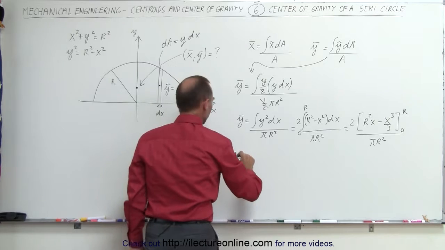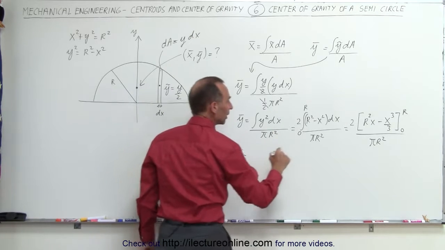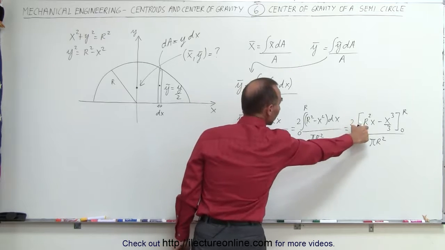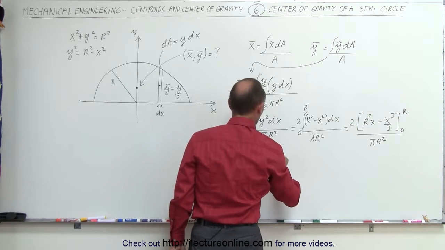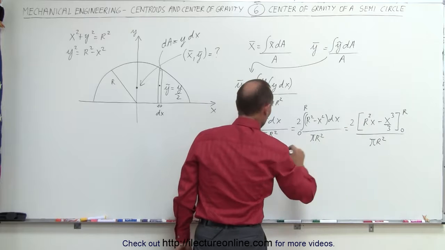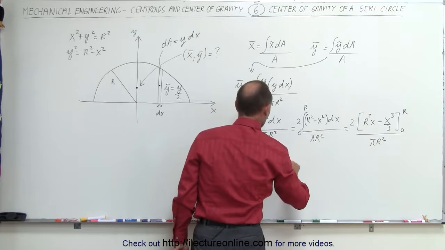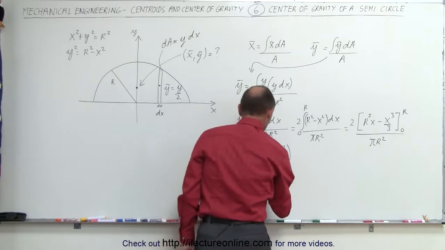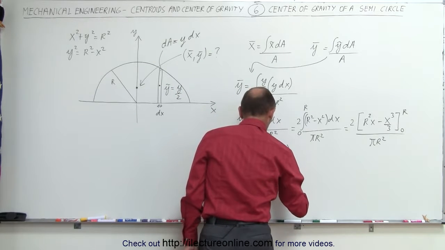If we now plug in the limits, we plug in the upper limit, we get 2 times r squared times r, which is r cubed, minus r cubed divided by 3. And when we plug in the lower limit, we get 0, so we don't need to do that, divided by pi r squared.